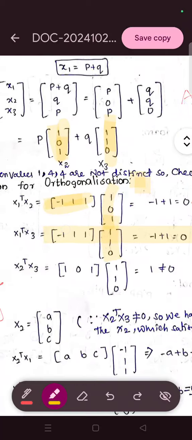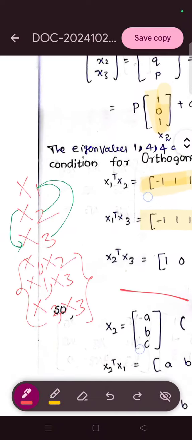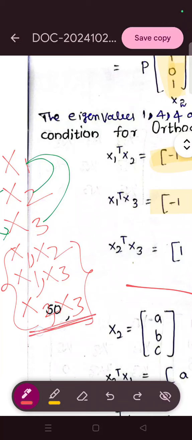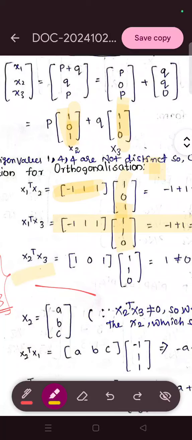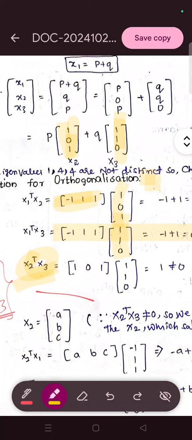And for x2 transpose x3, with x2 being 1 0 1 and x3 being 1 1 0, if we multiply, we get 1.